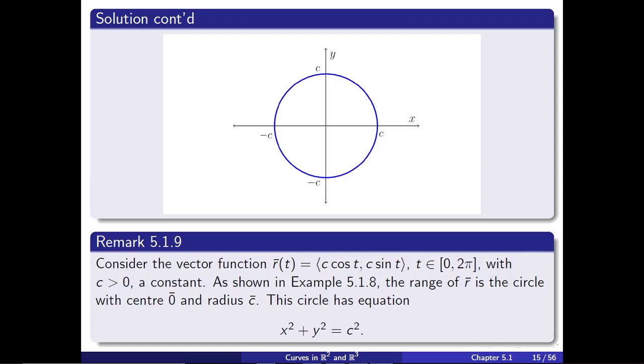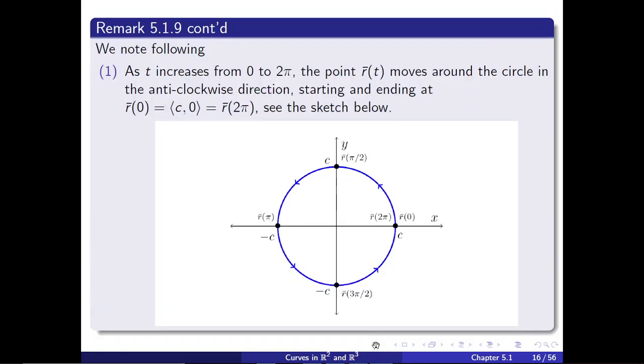So the range is a circle with center the origin and radius c. The c here tells us the radius of the circle, and this circle has equation x squared plus y squared equals c squared, right?